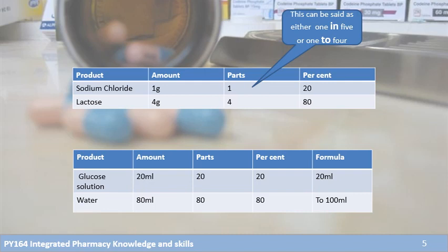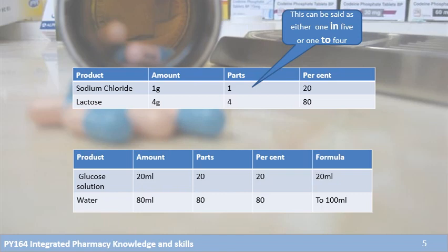And if we look at a liquid equivalent, very similar idea here. So we've got 20 mils to 80 mils and 20 parts to 80 parts. And it comes out, if it were more than 100 mil, it would obviously be different figures for the percentage. But as it's 100 mil, it's 20% and 80%.